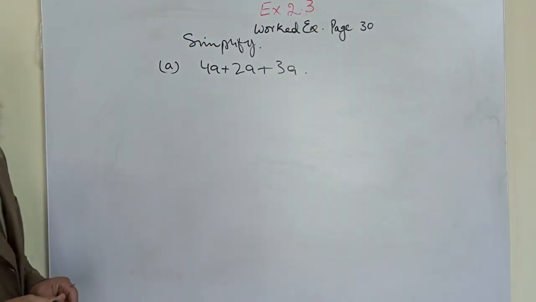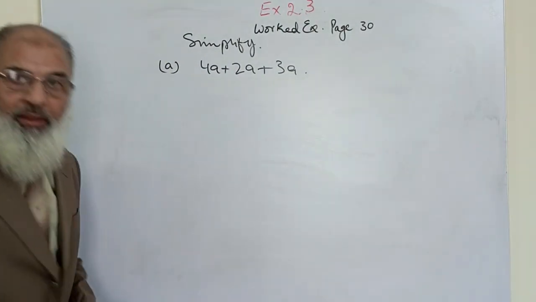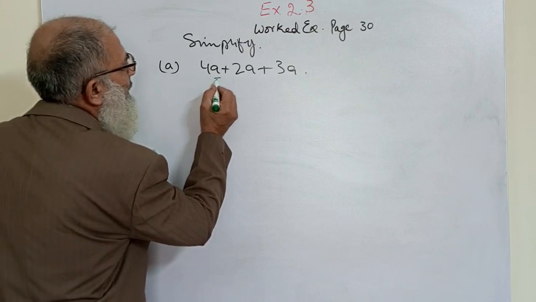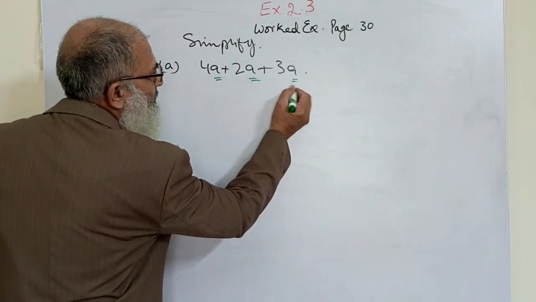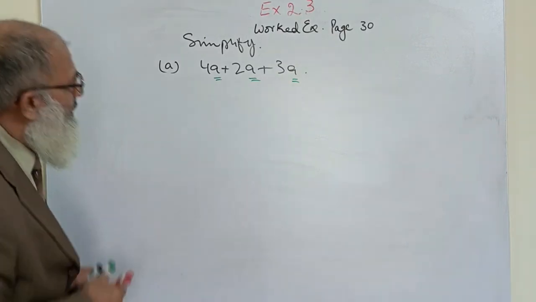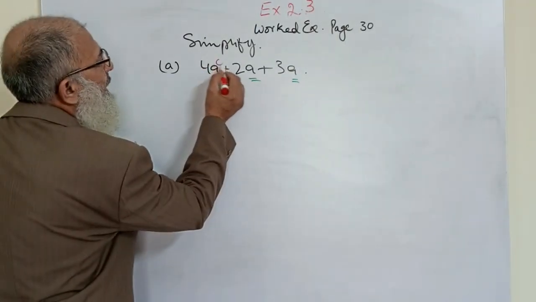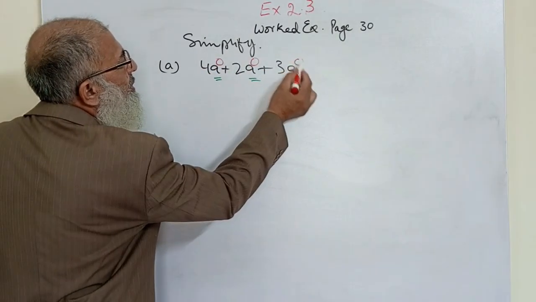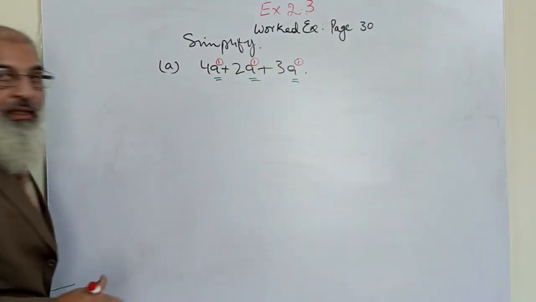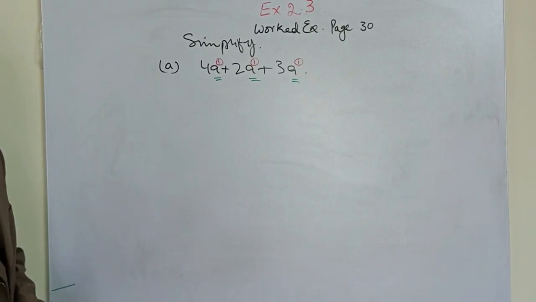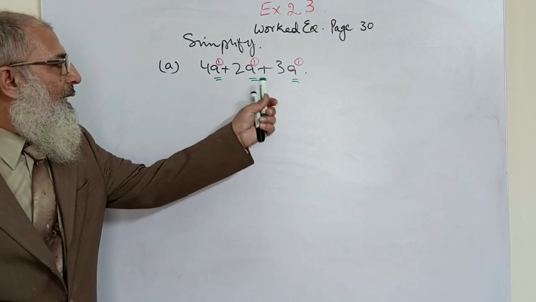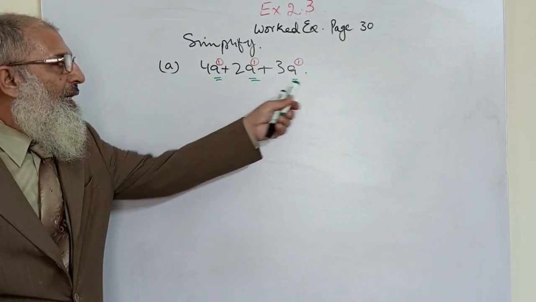So what we have to check at the very first is whether the variables are the same, and the degree or the indices are the same. So all carry one index or power, and all variables are alike, a and a.